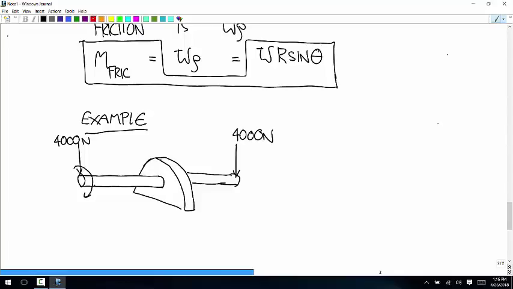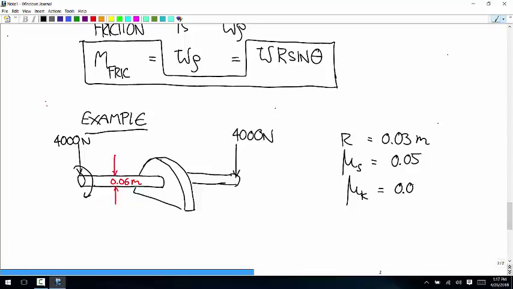And let's say that the radius of this axle is 6 centimeters. I guess that's the diameter, the way I drew it. So the radius is equal to 3 centimeters. And let's say that the coefficient of static friction is 0.05, and the coefficient of kinetic friction is 0.02.